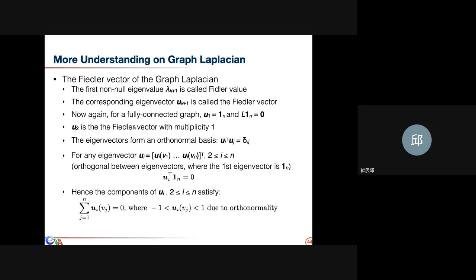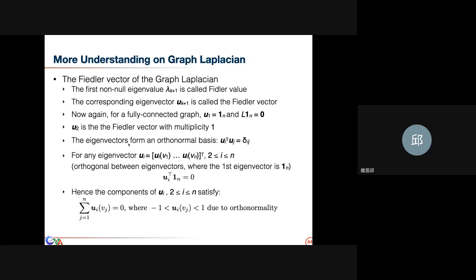So here we say that U1 is the eigenvector related to the zero eigenvalue, and for a fully connected graph we only have one eigenvalue equal to 0. Then the second eigenvalue is actually the Fiedler value, so the corresponding eigenvector U2 is the Fiedler vector.